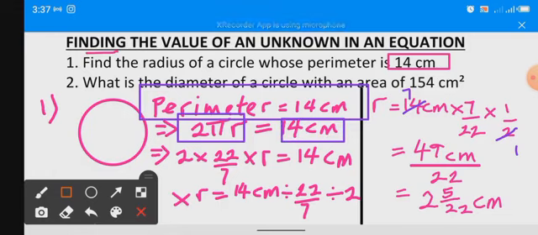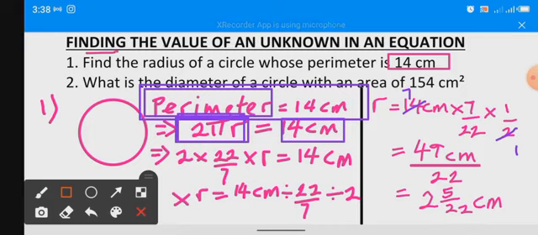So what we have actually done is, instead of writing perimeter, we have replaced perimeter with 2 pi r, because we are actually looking for the radius. We are not looking for the perimeter. So 2 pi r equals 14 centimeters.